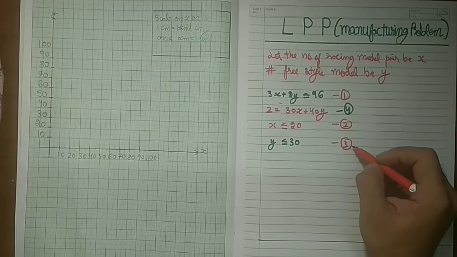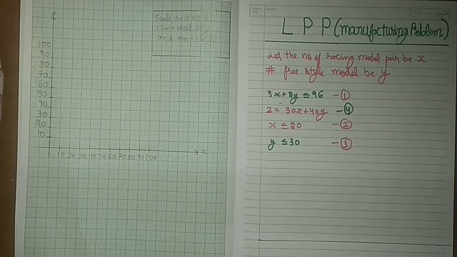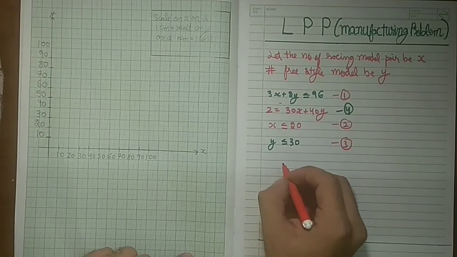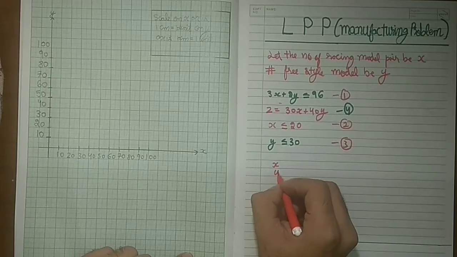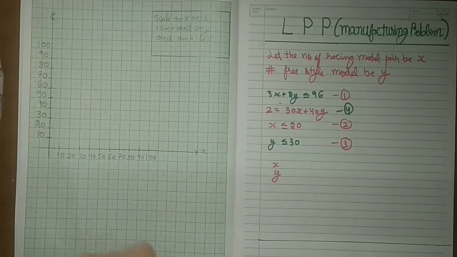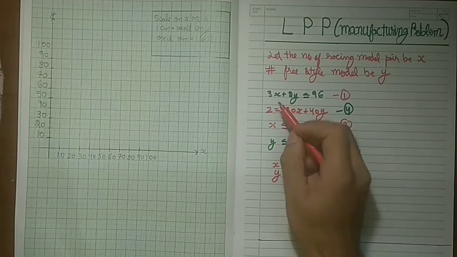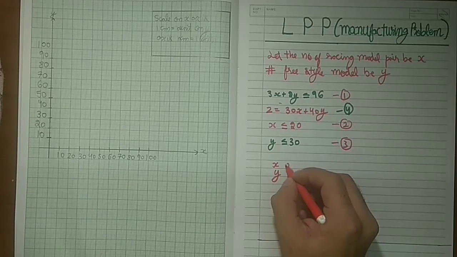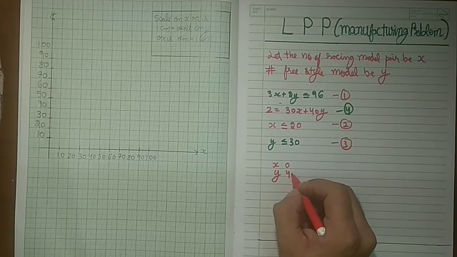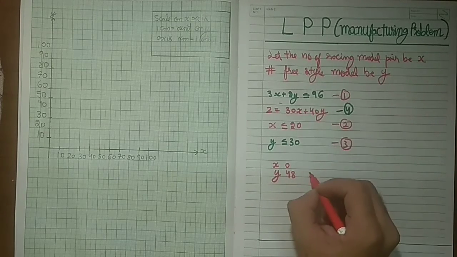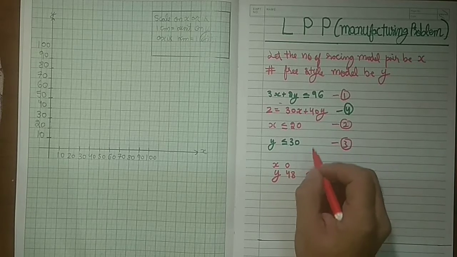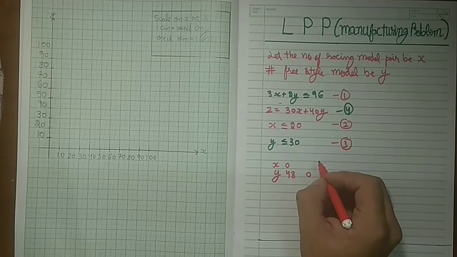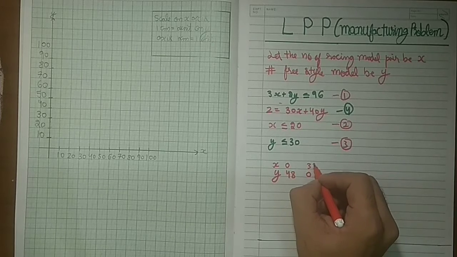For equation number 2 and 3, no table as such is required because only a single variable is involved. If we put x equals 0 here, then y will be 48, and if y equals 0, then x will be 32.